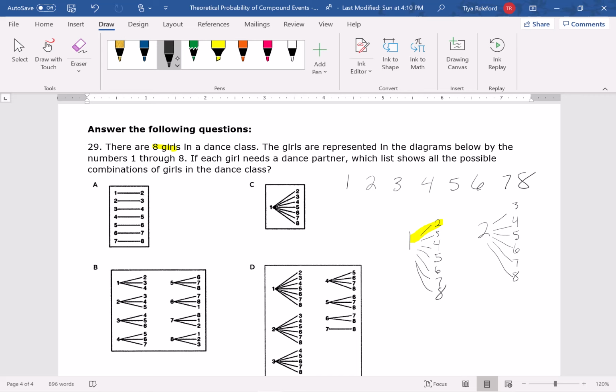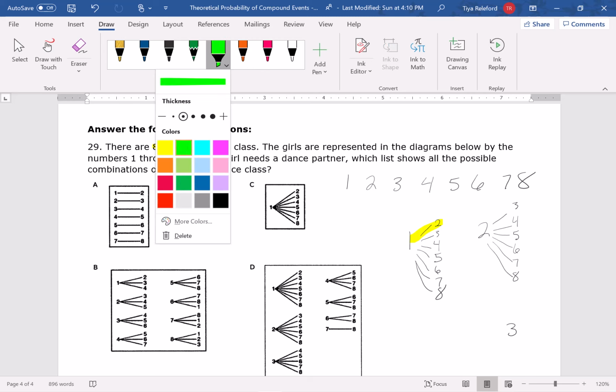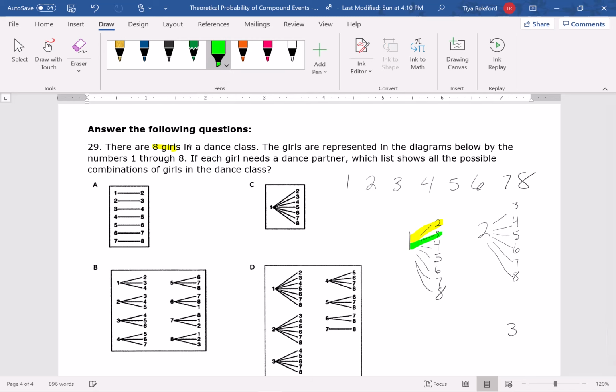So who could 3 partner with? 3 has already partnered with 1 and with 2. So 3 could partner with 4, 5, 6, 7, or 8. Does this make sense?